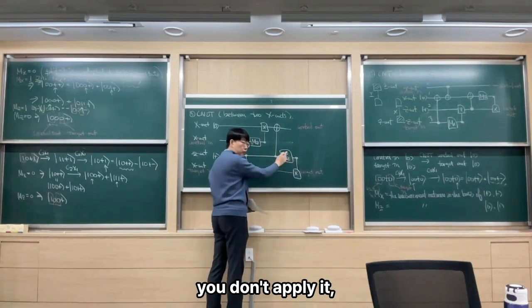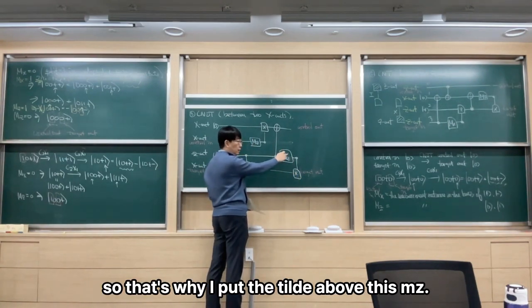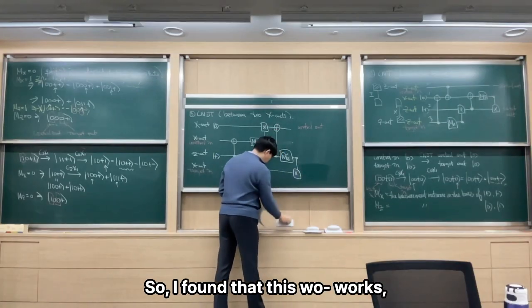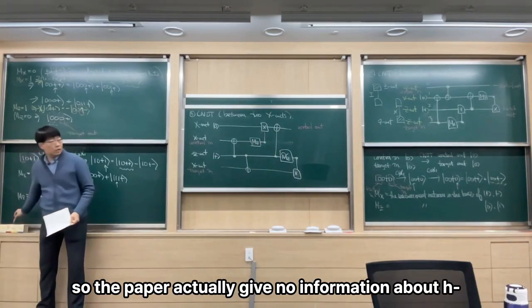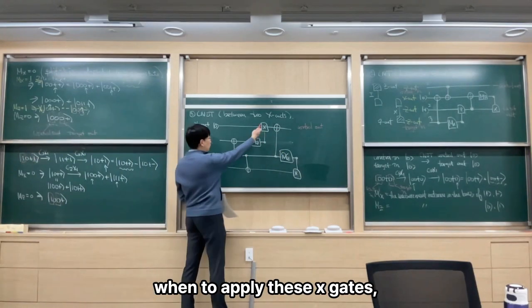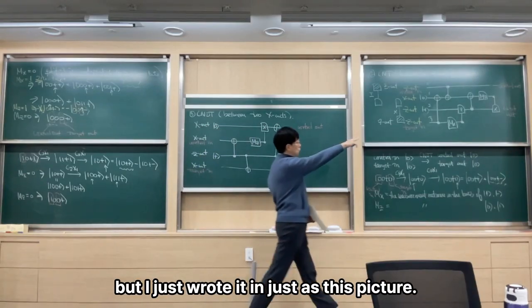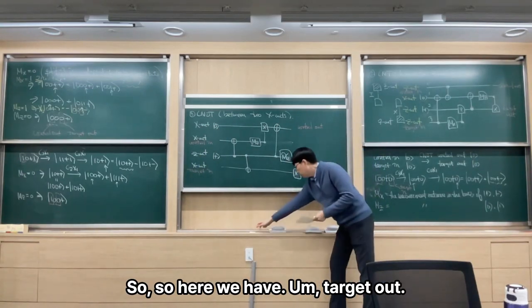If it's 1, you don't apply it. That's why I put the tilde above this MZ. So I found that this works. The paper gives no information about when to apply these X gates, but I just wrote it in as in this picture.